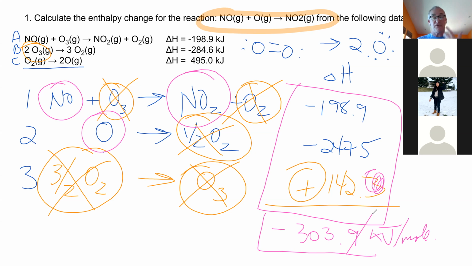That's not always true because, as we'll find out, not all bonds are created equal. Some bonds are stronger than others, and so the stronger the bond that we make, the more energy that's released. And basically, anything bonded to oxygen generally is a strong bond. So when we form bonds with oxygen, they're almost always exothermic reactions. So that makes sense that we would see that.